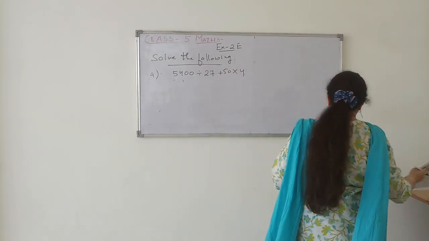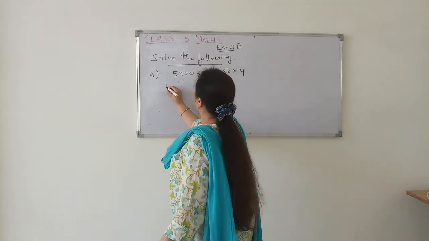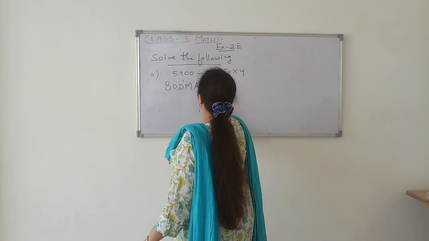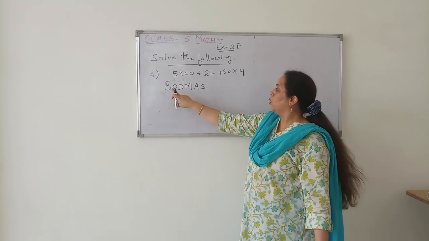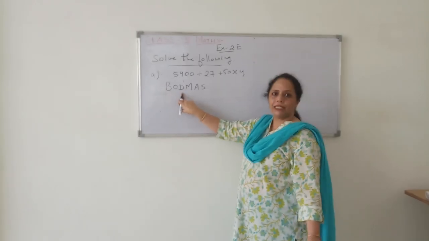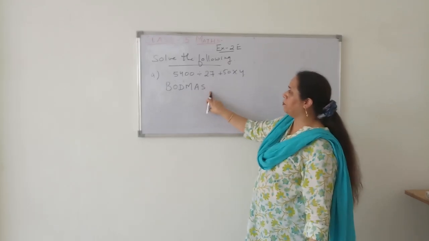Now what we have to do is that first with the formula of BODMAS, B means bracket, O means of, that is multiplication only. D is division and M is multiplication, A is addition and then subtraction.